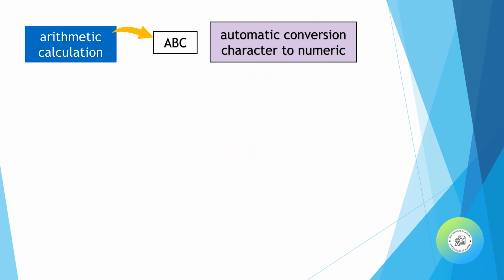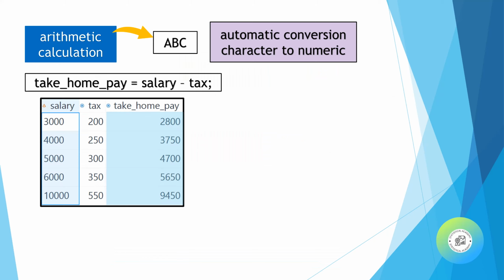type? Let us learn. If your code specifies an arithmetic calculation on a character value, SAS automatically attempts to convert the variable values for the purpose of evaluating the expression. Sometimes the automatic conversion is successful, as you saw with the salary variable. Because salary only includes standard numeric values, just digits and decimal points, SAS can interpret the character strings as numbers.